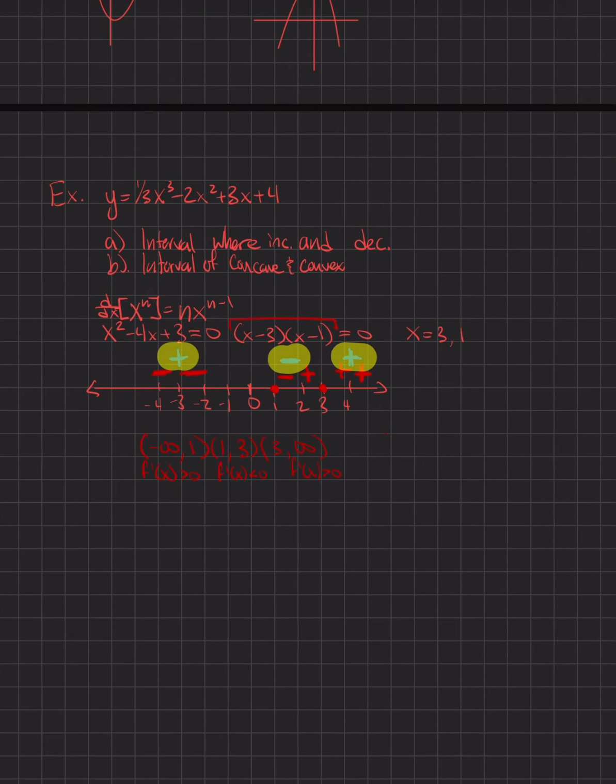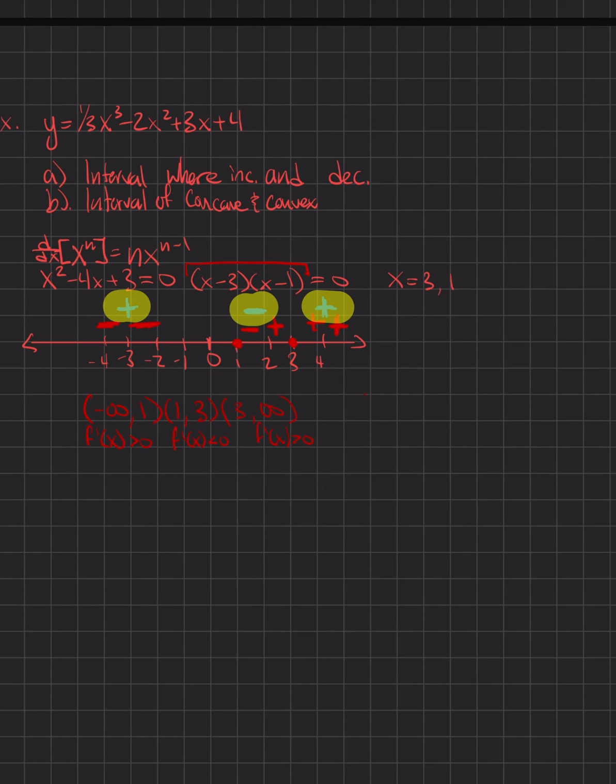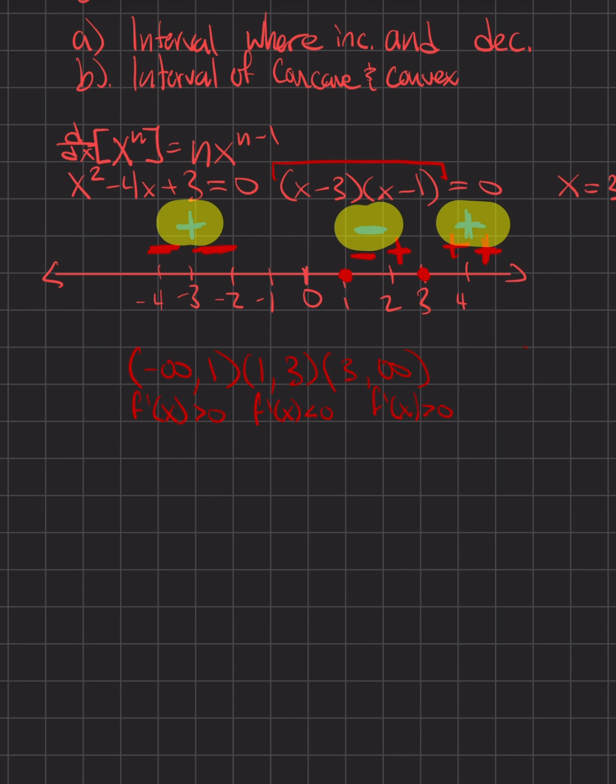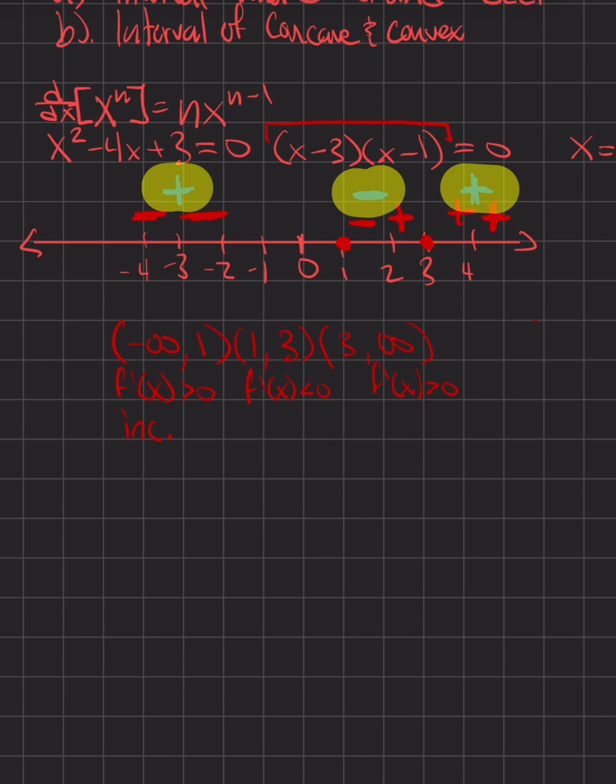Now, if we go back to what we remember before, when the derivative of our function is greater than 0, what do we remember about that? Well, with our first derivative, if it's greater than 0, that must mean that our function is increasing. And then similarly here, that must mean that our function is decreasing from 1 to 3. And then it's going to be increasing again from 3 to infinity, right?